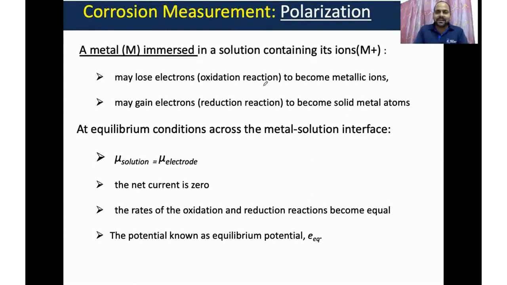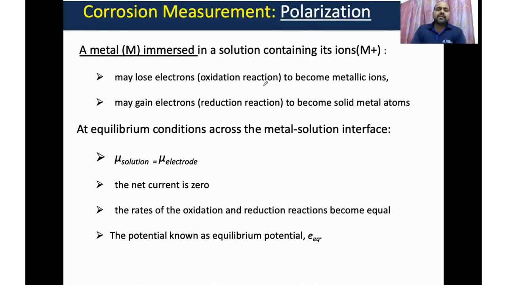But now what is the meaning of polarization? Think a little bit beyond. You form that cell, and now mu solution equals mu electrode. What will happen if we give a very small amount of current, let's say only 10 milliamperes or even less, to the electrode?